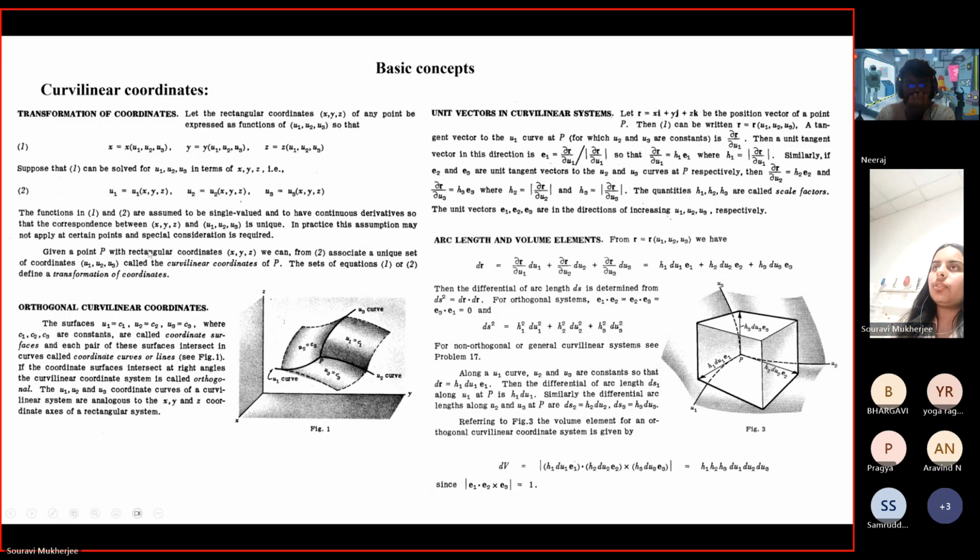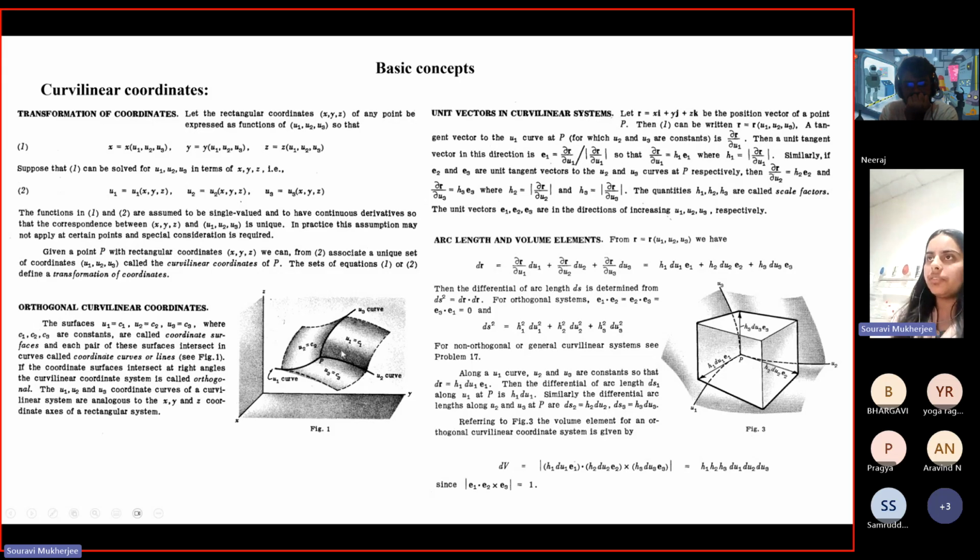Now, to deal with it in a more general way, let us talk about curvilinear coordinates. When you define a coordinate system, you do not necessarily always have coordinates which are straight, like rectilinear. You can have curvatures. Suppose you have these three surfaces as you see here. One is a surface where u1 equals constant, u2 equals constant is another surface, and u3 equals constant is another surface.